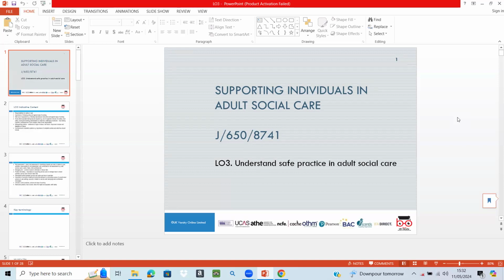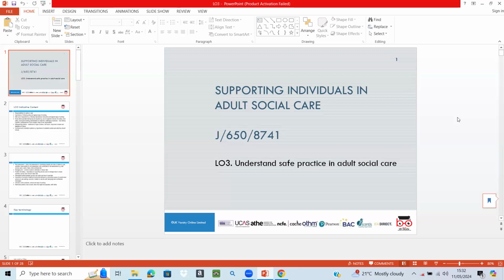Conducting comprehensive risk assessment is essential to identify potential hazards, assess individual needs, and implement appropriate safety measures. This helps in preventing accidents, minimizing risk, and ensuring a safe environment for individuals receiving the care. In the meanwhile, if any one of you has any question, please do ask me and I'll try to answer your questions.